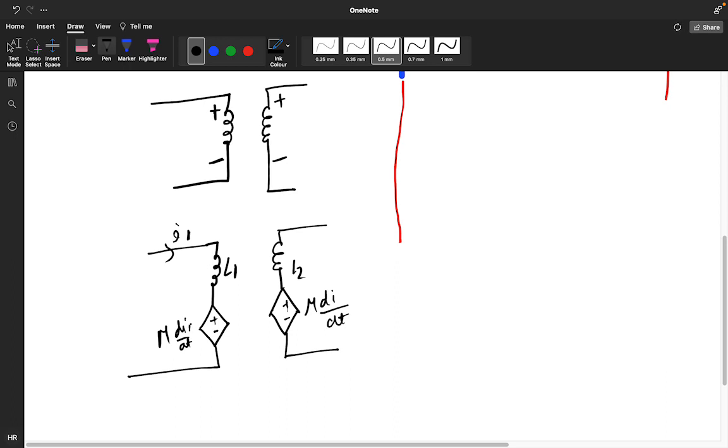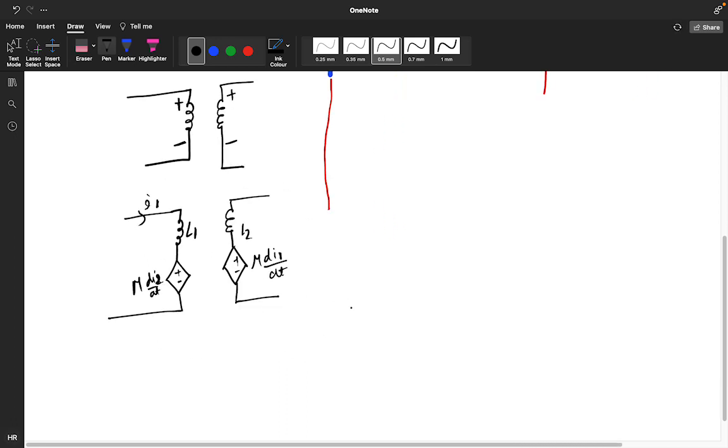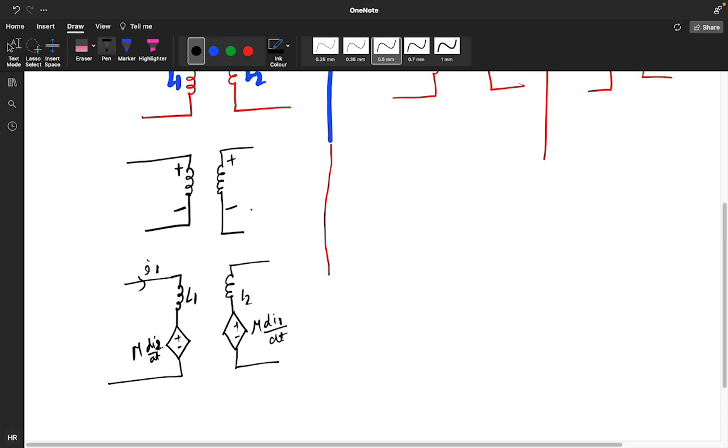This will be di2 and this will be your di1. In the first loop, whatever you are making a dependent source, this will become M di2 by dt and this will become M di1 by dt. You need to bring it like this, positive negative, and you need to bring this particular one like this.